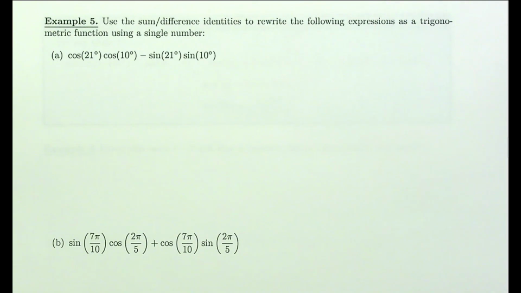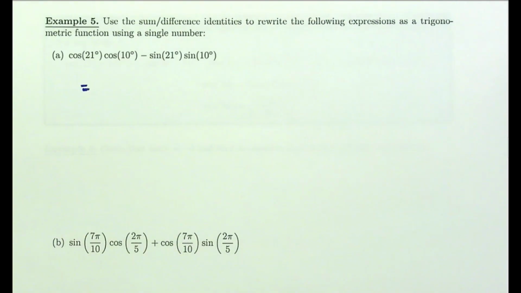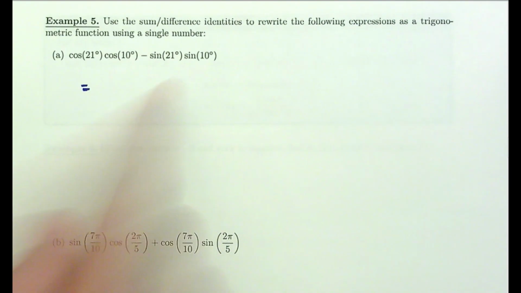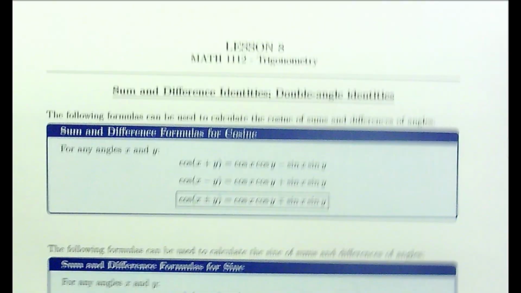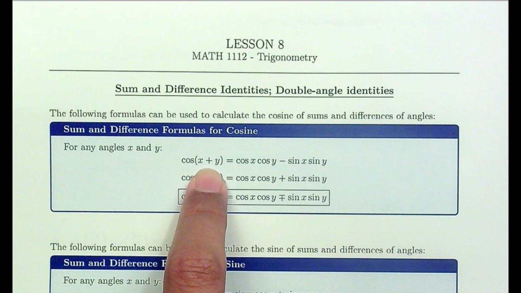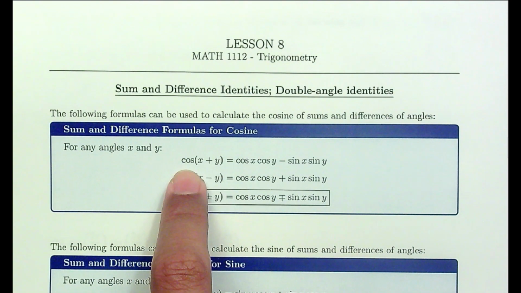Okay? So, for example, here, it's the same problem, so do exactly the same thing, we're just not going to get a special angle. For example, this one, cosine times cosine, sine times sine, matching this one, it's cosine, cosine, sine, sine. It's a sum inside a cosine, okay?